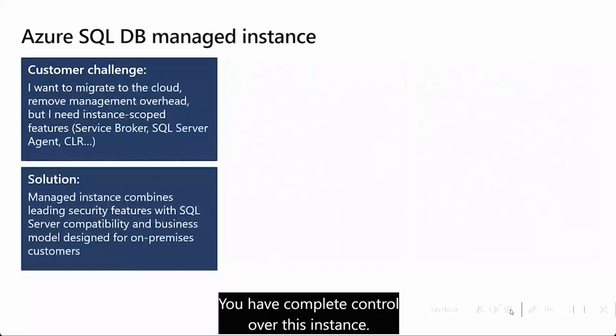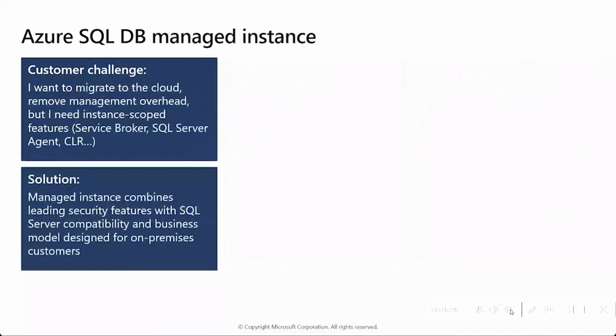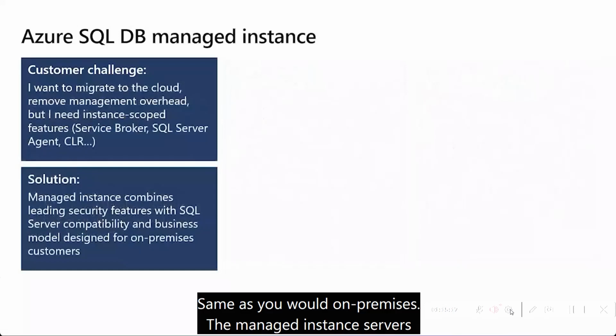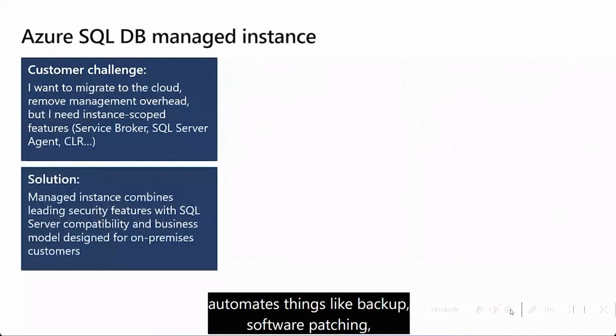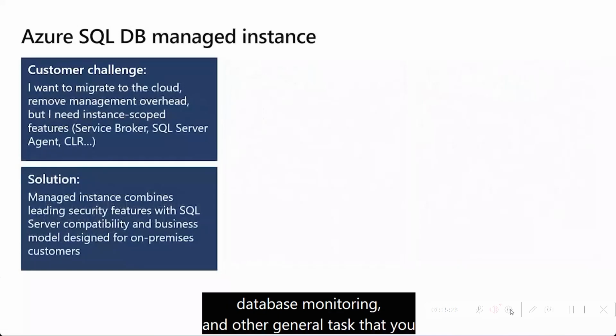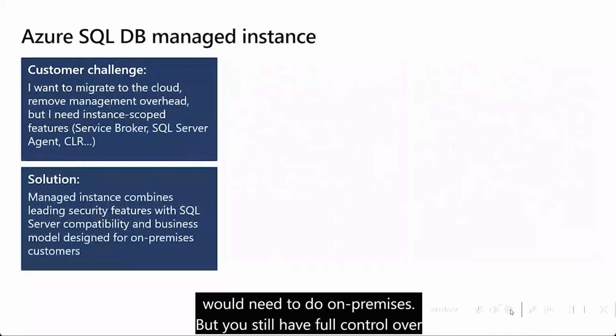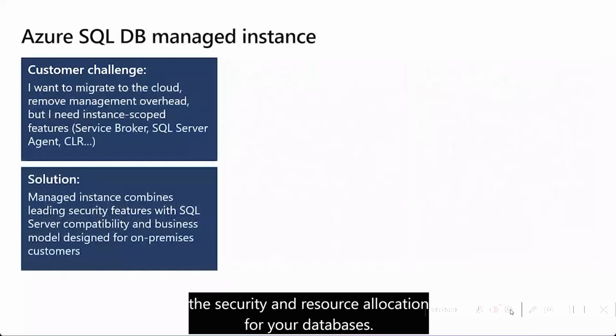You have complete control over this instance, same as you would on premises. The managed instance service automates things like backup, software patching, database monitoring, and other general tasks that you would need to do on premises, but you still have full control over the security and resource allocation for your databases.